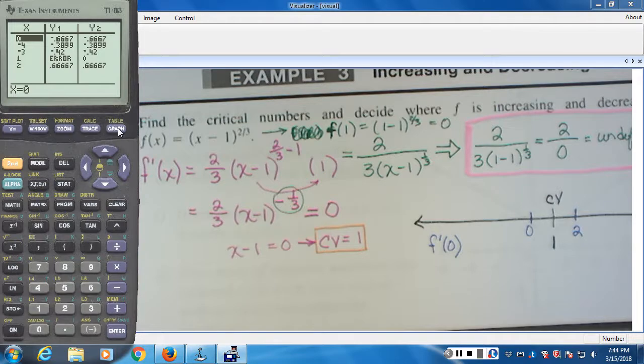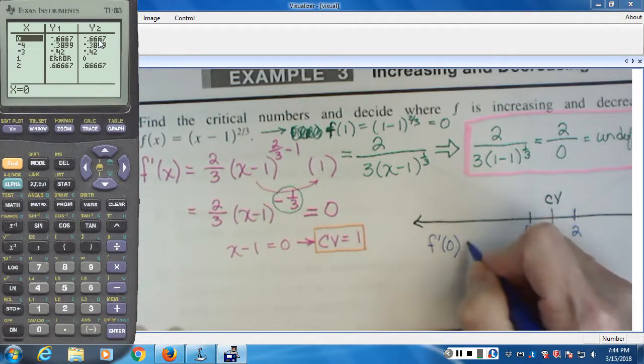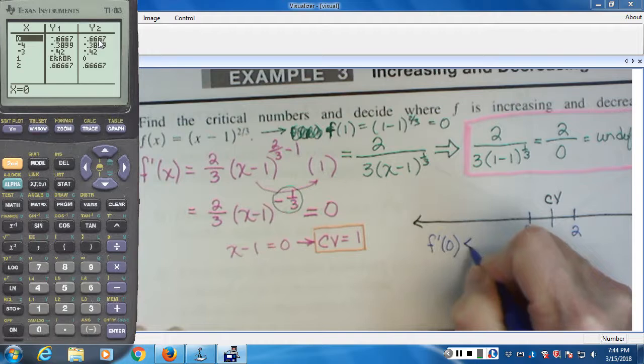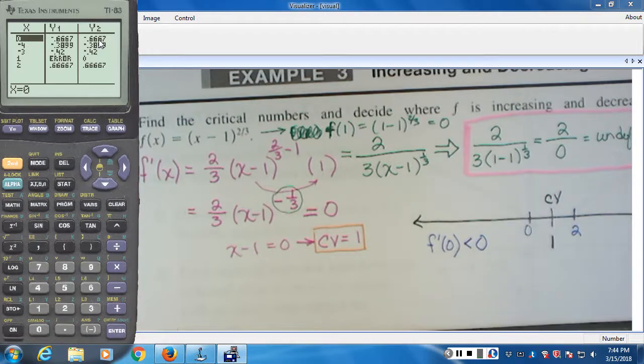You see that for the numbers we plugged in before, they are. And since one of the numbers we're looking for is 0, it's -2/3. -0.6667 is -2/3. And it's not that it's -2/3, it's the fact that it's negative. We're interested mostly in the fact that it's negative. Okay?